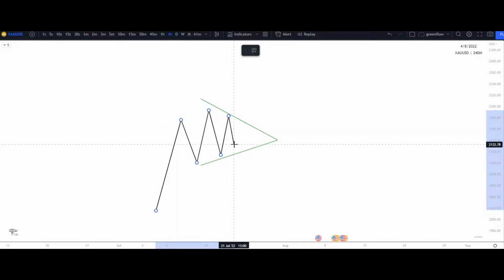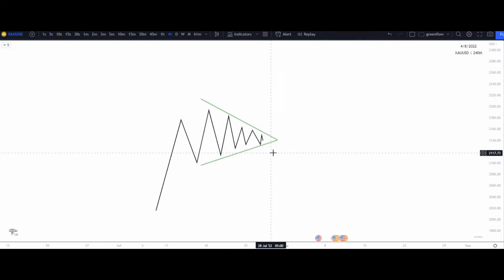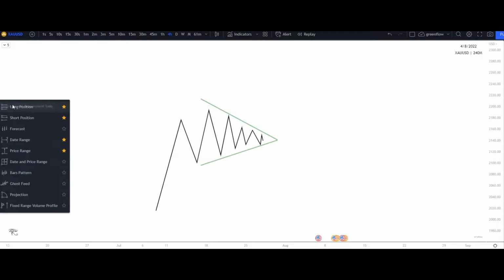And retail, the uninformed money, when I speak of retail, gets this idea that price is going to squeeze and then break out, and we see this flag being formed. As institutional traders, we understand that these trend lines are liquidity, right, instead of that pattern, and if it breaks down, then we look to short it to the downside, or if it breaks up, we look to long it, right?